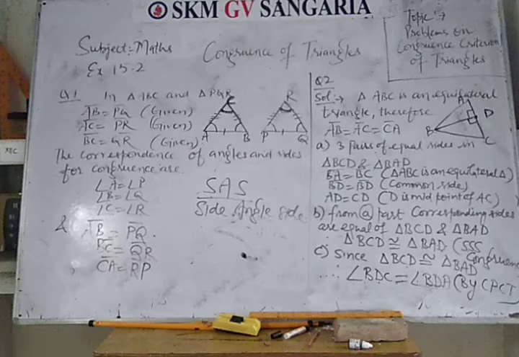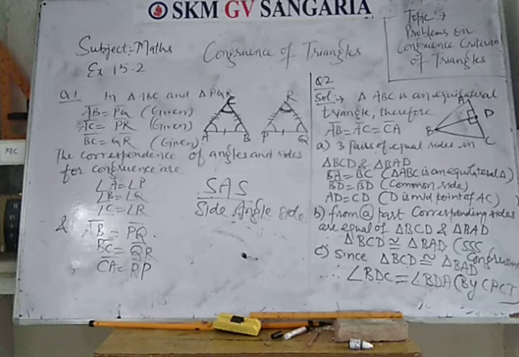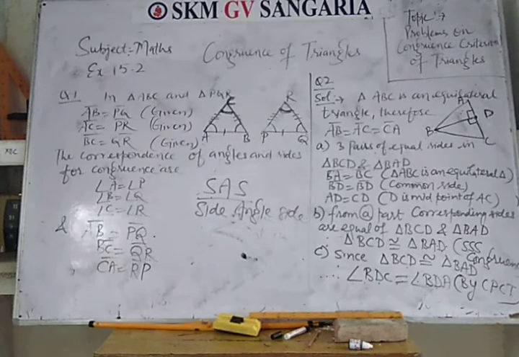According to this condition, if two sides and the included angle of one triangle are respectively equal to the corresponding two sides and the included angle of the other, then the two triangles will be congruent.